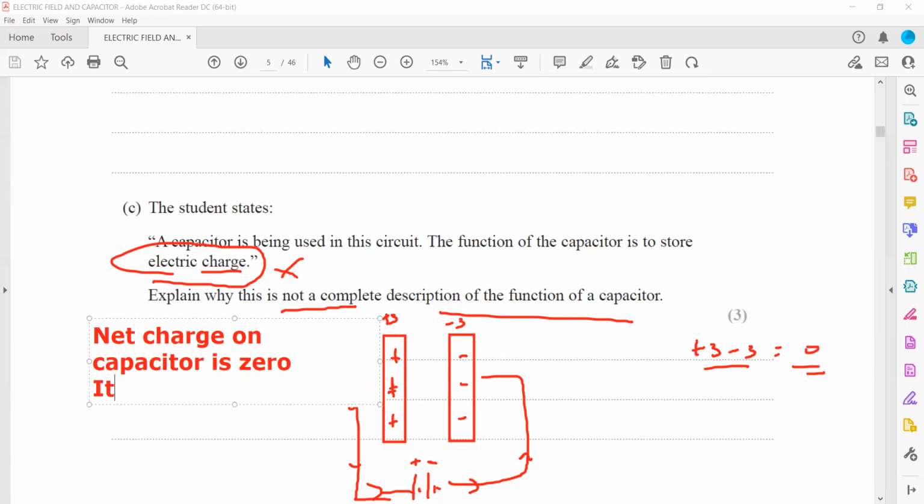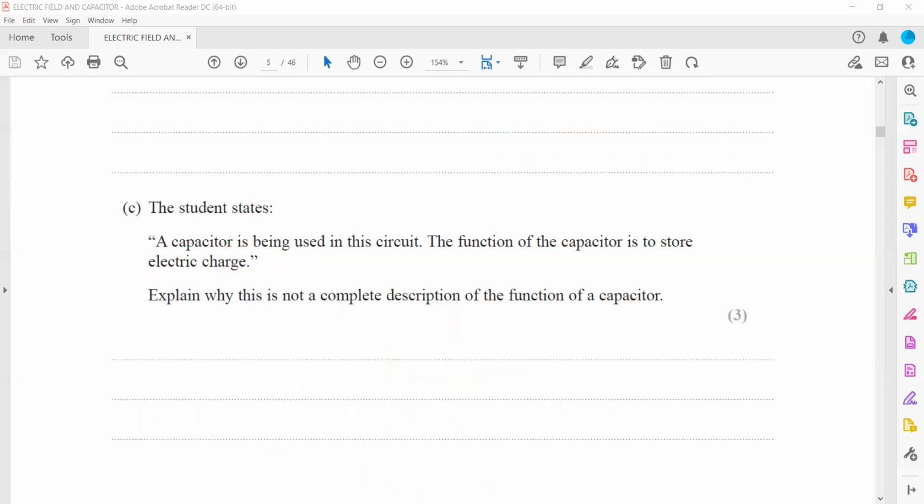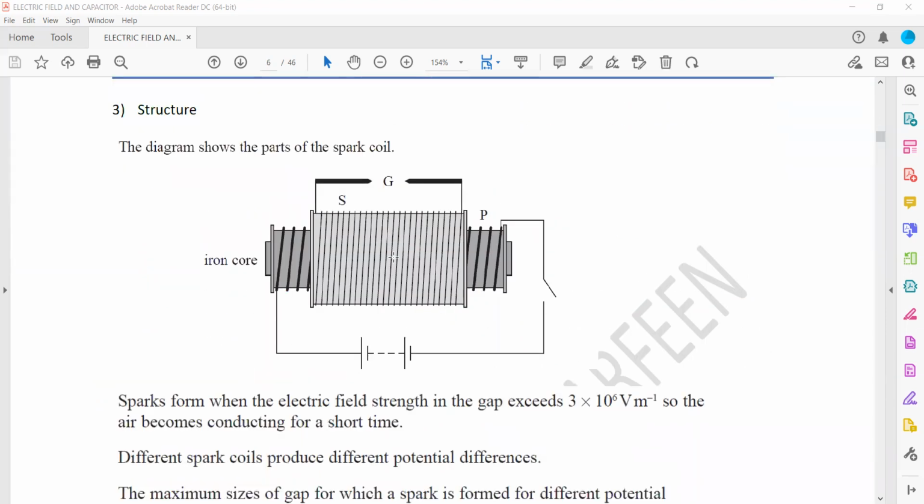It is used to store electrical energy and separate the charges. That is the main use of the capacitor. But we never use the term that a capacitor is used to store charge. We say it is used to store electrical energy.